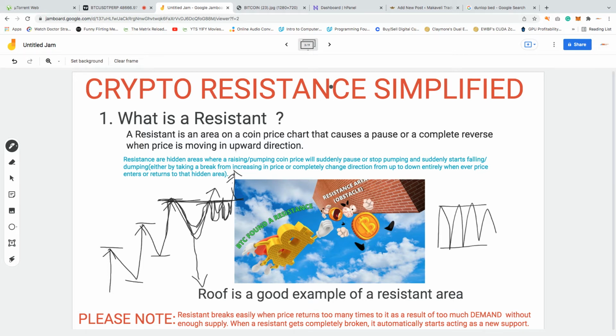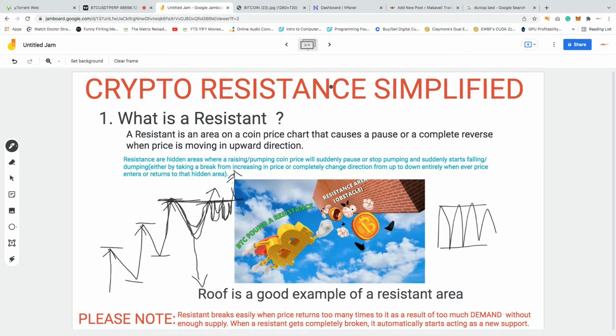And the reason is because there is growth in demand. A lot of people are showing interest in buying at that area, and this is what is called the resistance area getting destroyed. Price is in an uptrend, and in an uptrend price always easily breaks resistance.